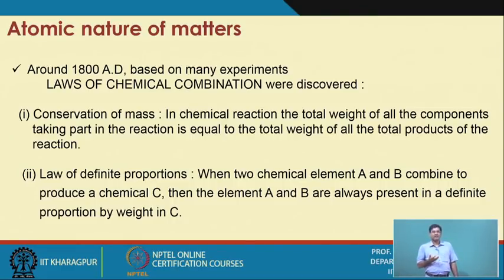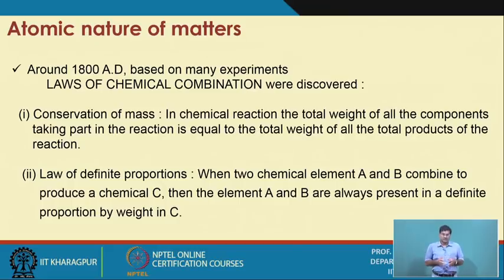What are those laws? There is conservation of mass, meaning in a chemical reaction the total weight of all components taking part in the reaction is equal to the total weight of all products of the reaction. Okay.